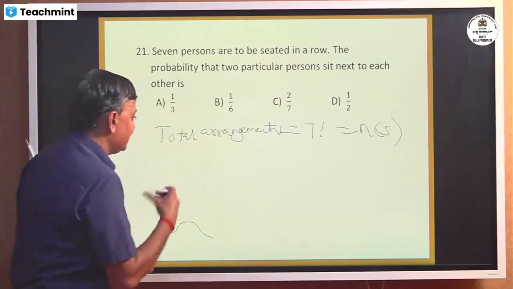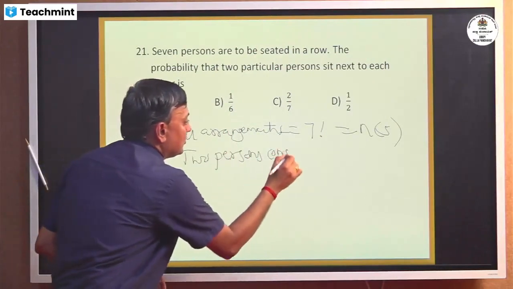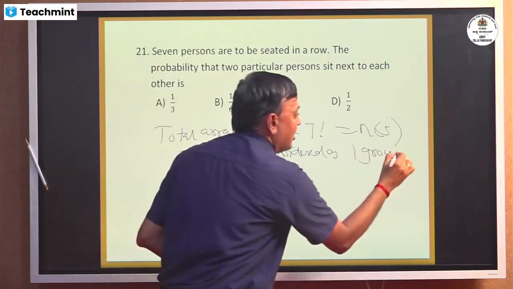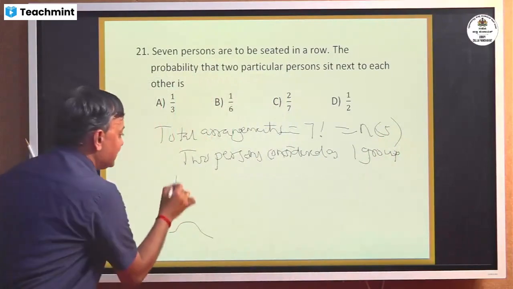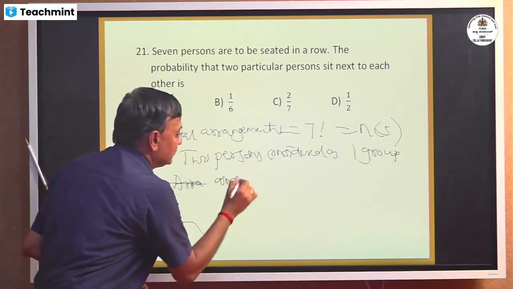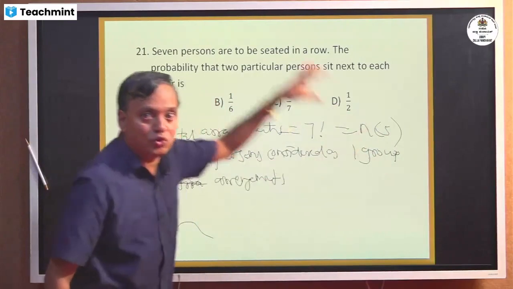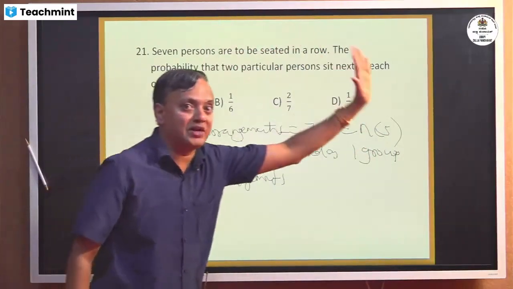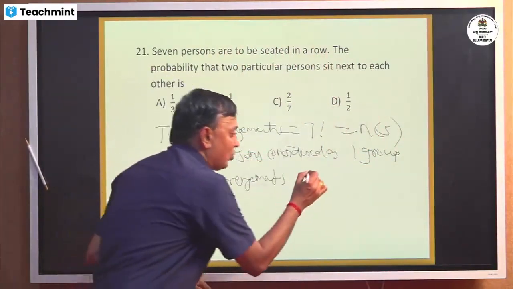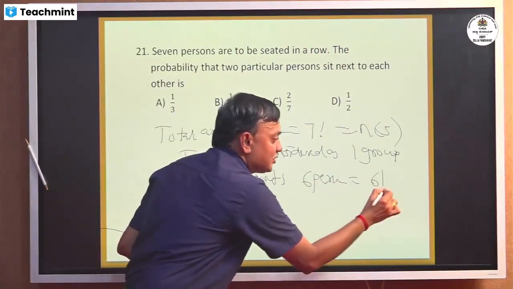Then the arrangements become: 2 particular persons are considered as one group. So 5 plus 1, we have to arrange a total of 6 persons. 6 persons can be arranged in 6 factorial ways, correct?